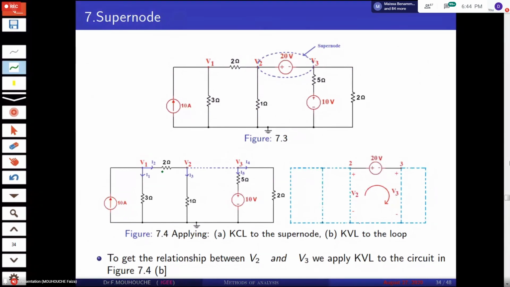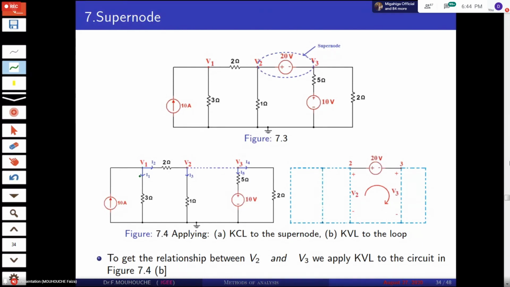Here we apply Kirchhoff's current law. To get the relation between V2 and V3, we apply Kirchhoff's voltage law to the circuit in B, and Kirchhoff's current law to this circuit. For this circuit, we have V1, V2 and V3.